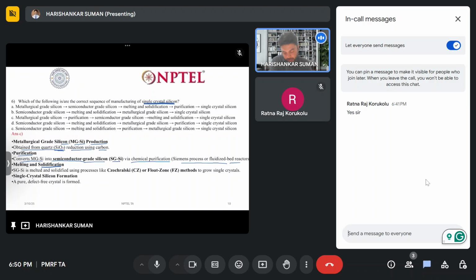Semiconductor grade silicon is melted and solidified using processes like the Czochralski and Float zone method to grow single crystal. In single crystal silicon formation, the pure defect-free crystal is formed.